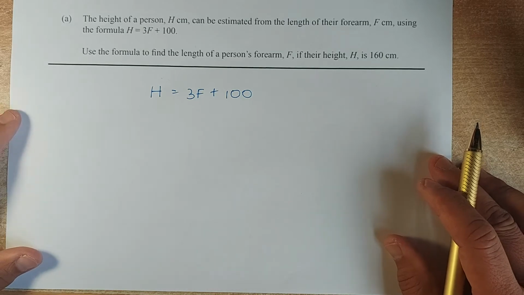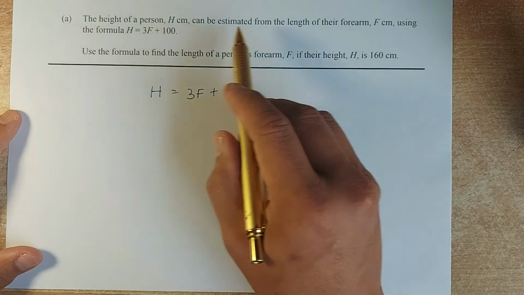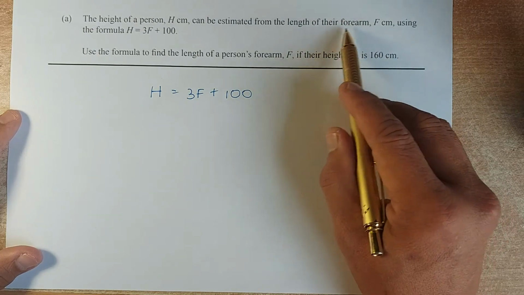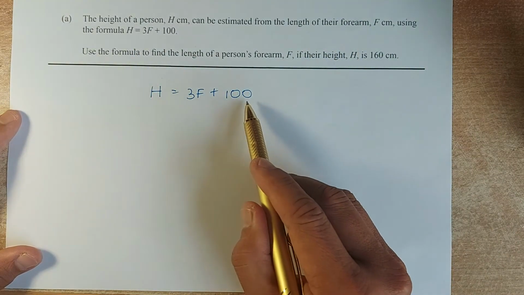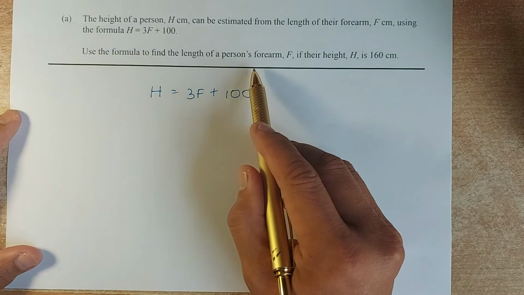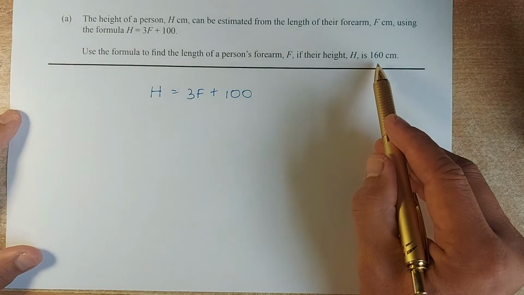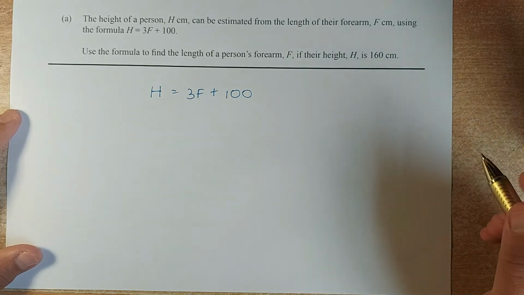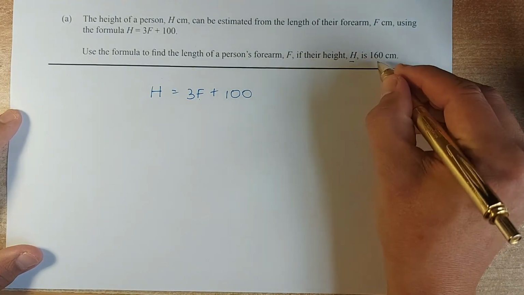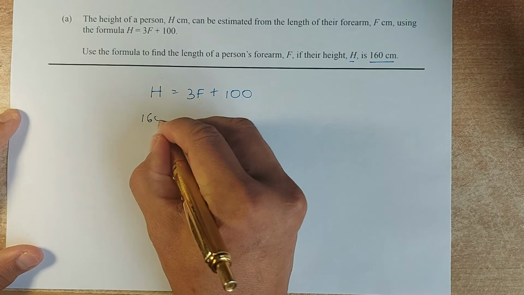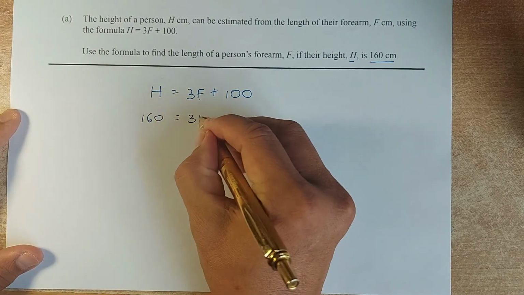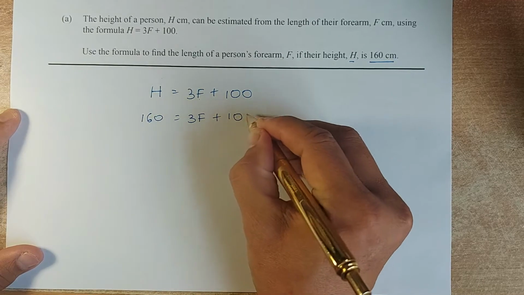A person's height h can be estimated by the length of the forearm f using the formula h equals 3f plus 100. Use the formula to find f if the height is 160. Instead of the height, you replace it with 160, so we put 160 equals 3f plus 100.